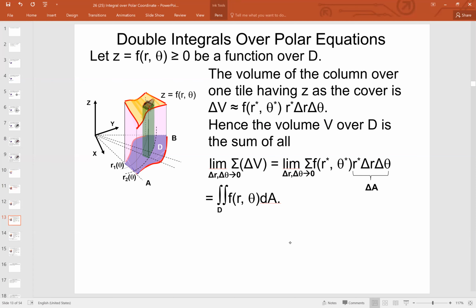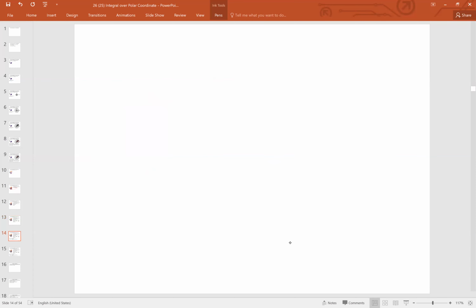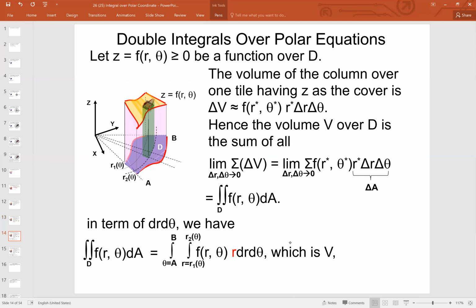But remember this area differential we can change into polar coordinates r dr d theta. So in terms of r dr d theta, this is the conversion of how to calculate the volume that sits underneath equations of this form.